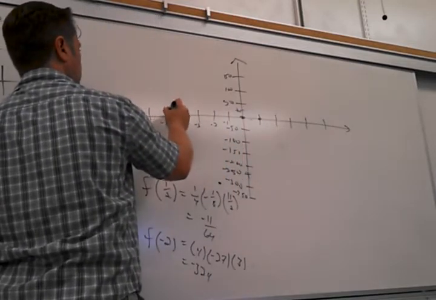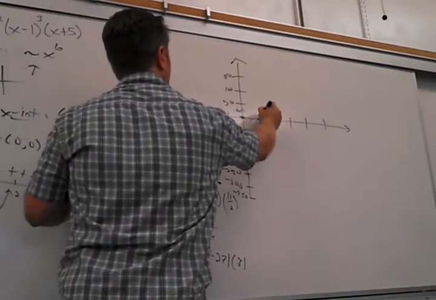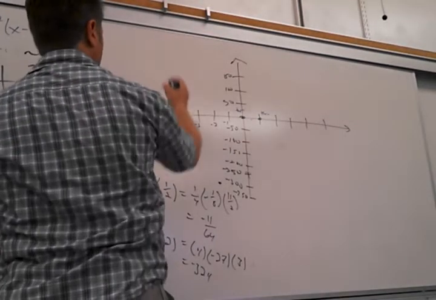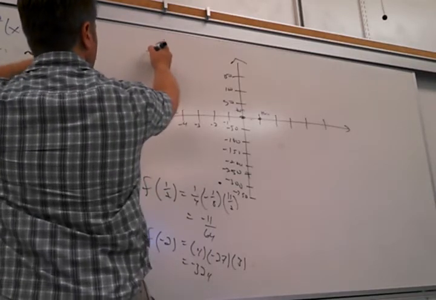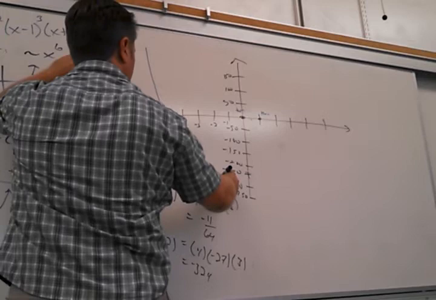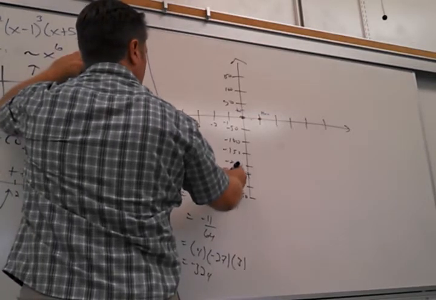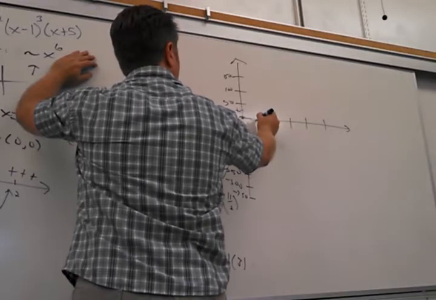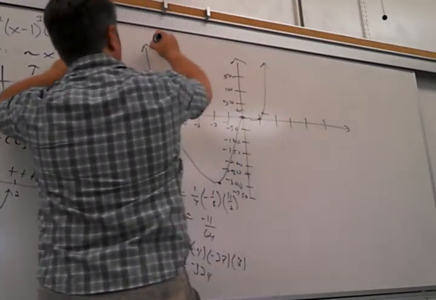And the other two are through. So as you come in, you know you start up here. You can even plug negative 6 in if you want to know where to start, but this is just a rough sketch. So I come in like this, and then I turn around here somewhere, and then I back up, and then here I turn so I can get through there, and then I go through like that.